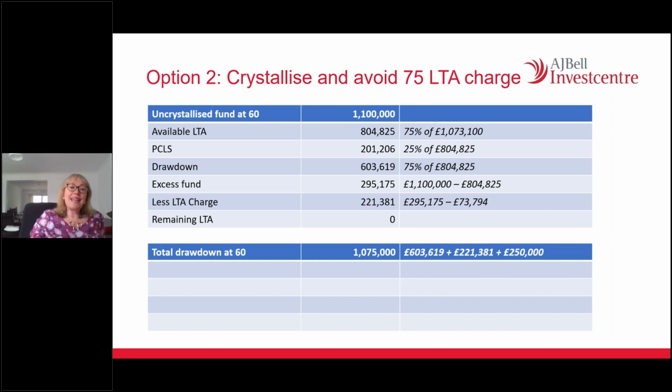So that's at age 60. His total drawdown is 1,075,000. You have the £603,000, which he took from the lifetime allowance amount, the excess fund, and also the previous crystallisation, the previous little drawdown fund.